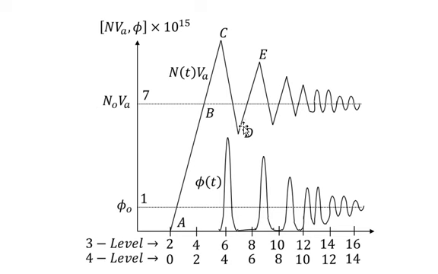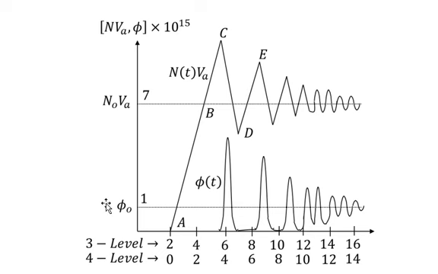So we have shown the plots of the change of population inversion and the change of number of photons with time for the laser cavity for a 3 level laser system, which is also approximately valid for a 4 level laser system. And we have also shown the threshold values of these quantities.